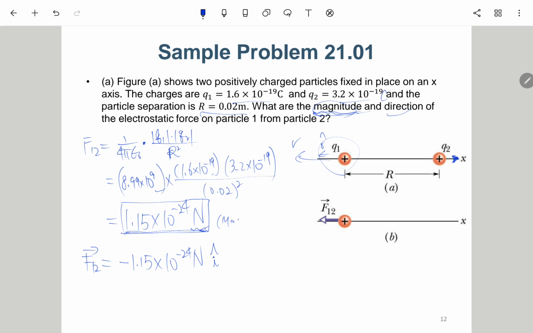This is the magnitude, and then if you need to answer the direction, it should be pointing to the left side, or you can say it is the negative x-axis. Negative x-axis would be more correct to answer this question. But here I would just like to also introduce this kind of representation with the unit vector.